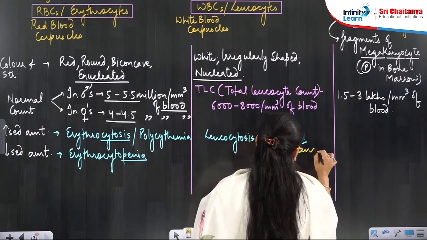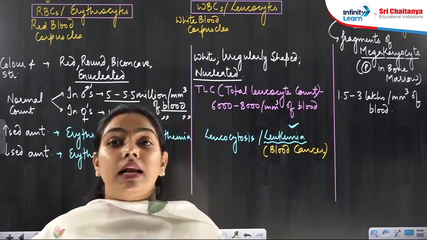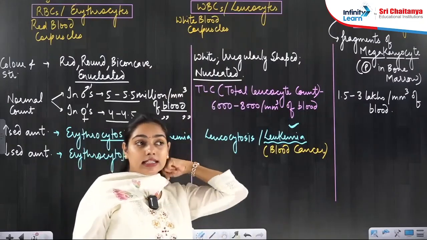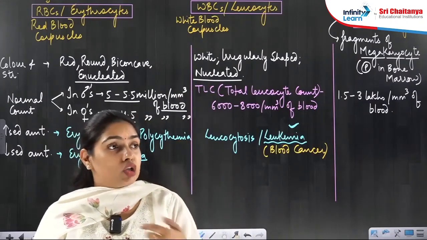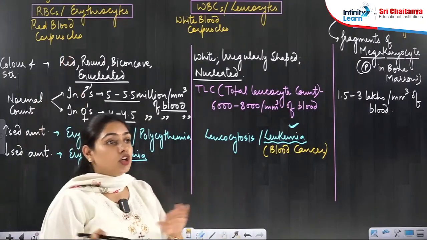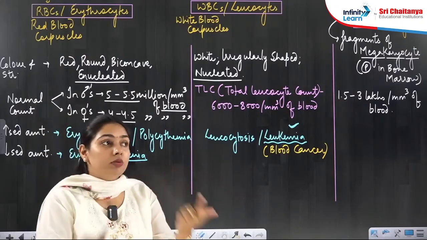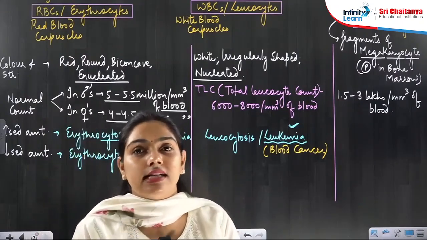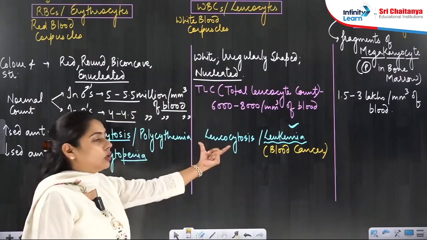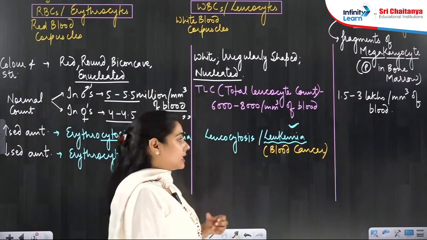So if somebody asks you in blood cancer which blood cells are increased in number? Not all the blood cells are increased. Not RBCs, not platelets. WBCs are increased. So it can be called leukemia, blood cancer.